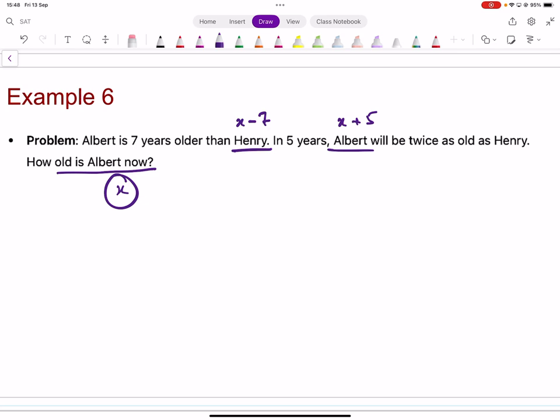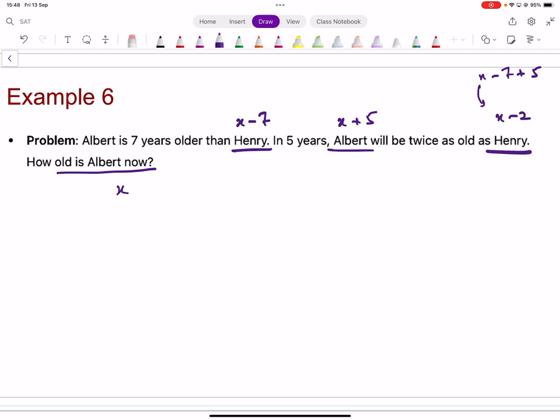Right? If Henry is X minus 7 right now, what's his age after 5 years? X minus 7 plus 5, that's X minus 2. After 5 years, his age is going to be X minus 2. These are their ages after 5 years.